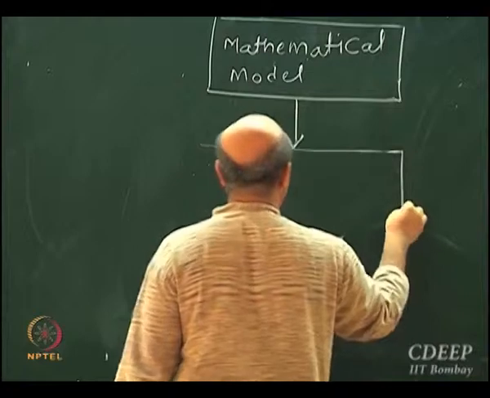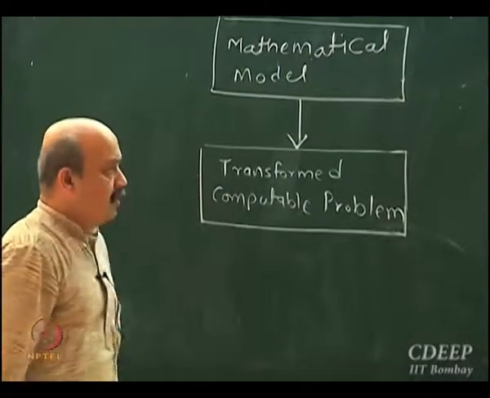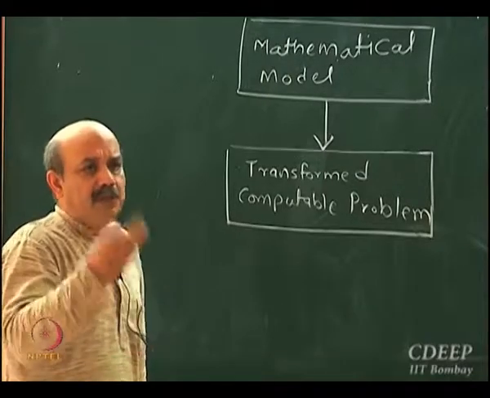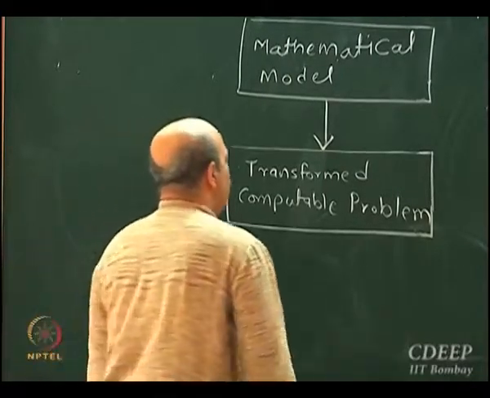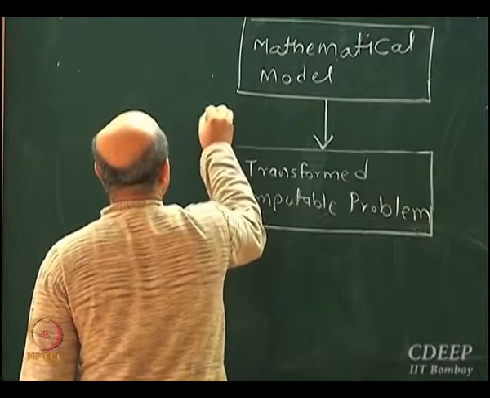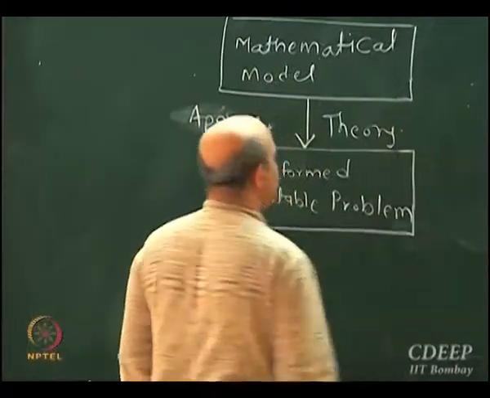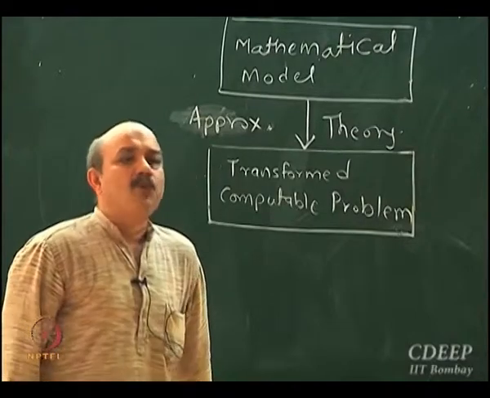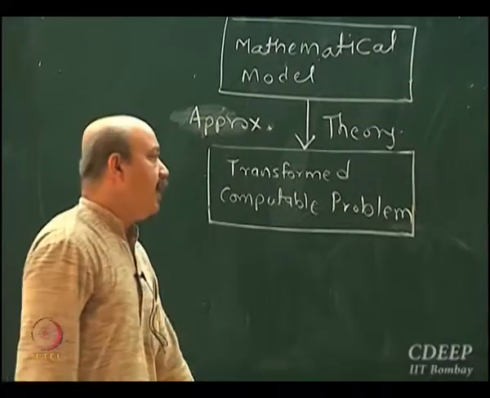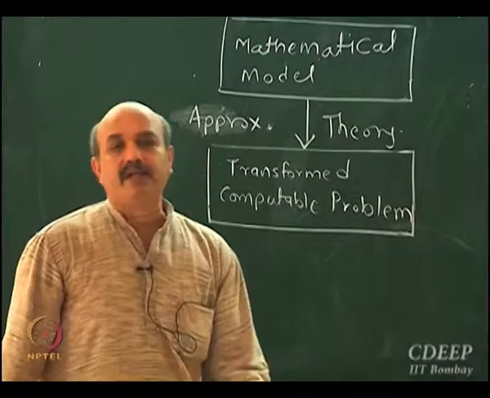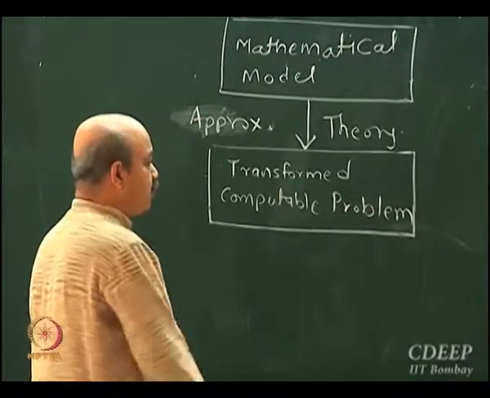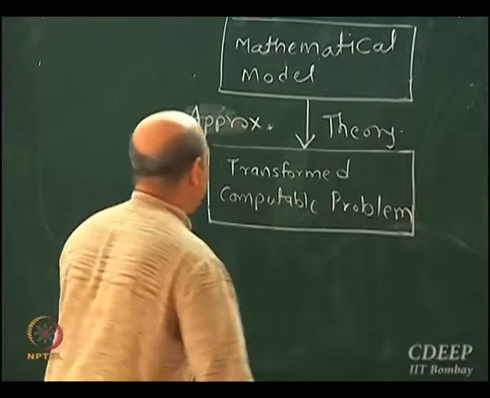So using approximation theory, we transform this problem to a computable form. Then we said there are 4 different approaches, or tools, typically to solve this problem. I am going to cover 3 of them.